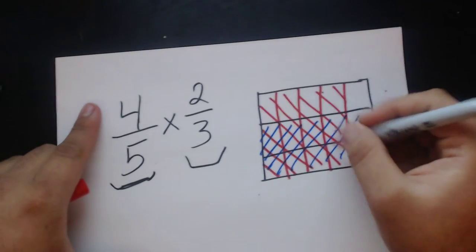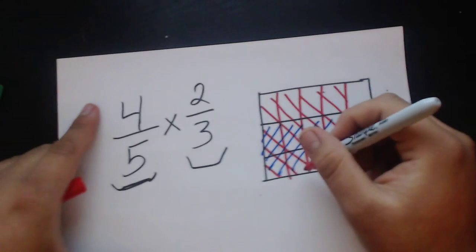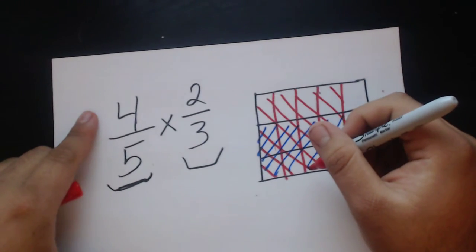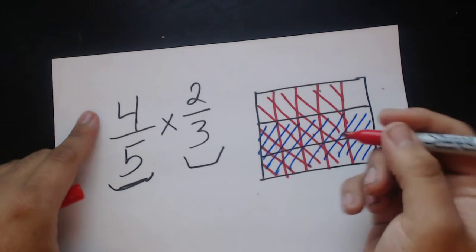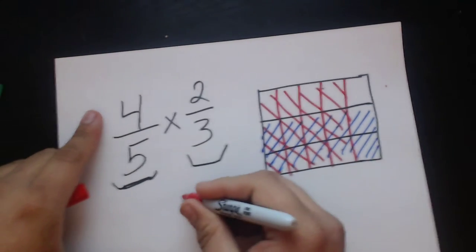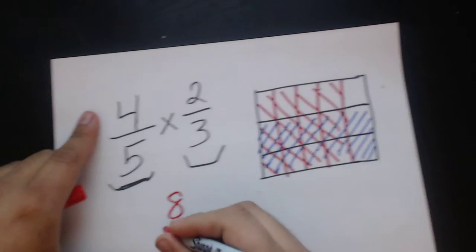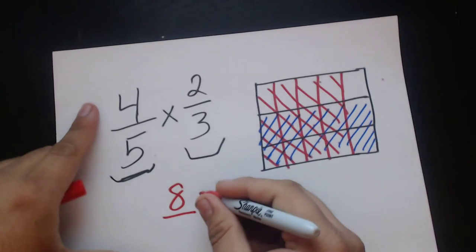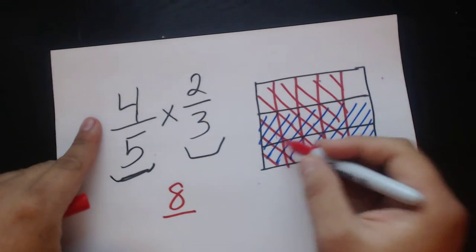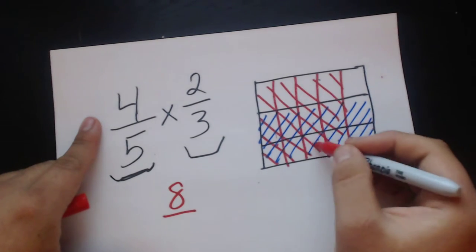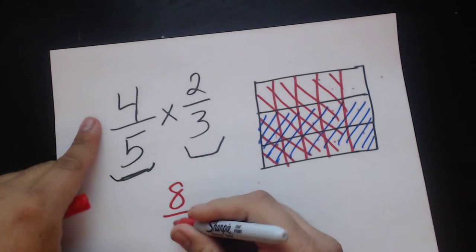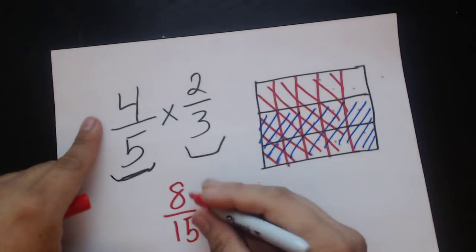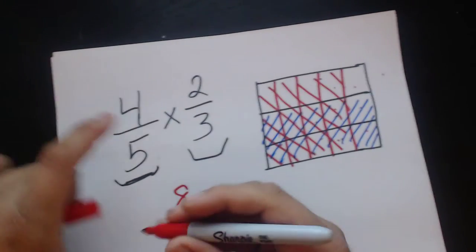Now I have 1, 2, 3, 4, 5, 6, 7, 8. Oh, sorry. My headset is touching my mic. I have 8 of those double shaded. So I'm going to draw an 8 over, because the 8 will be our numerator. And I have 1, 2, 3, 4, 5, 6, 7, 8, 9, 10, 11, 12, 13, 14, 15. So I have 8 over 15 as my answer.